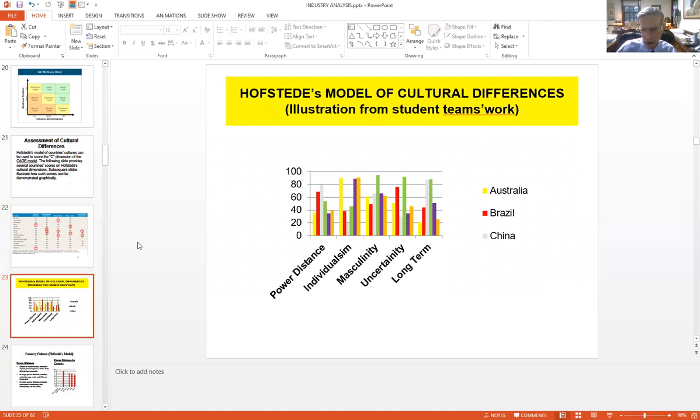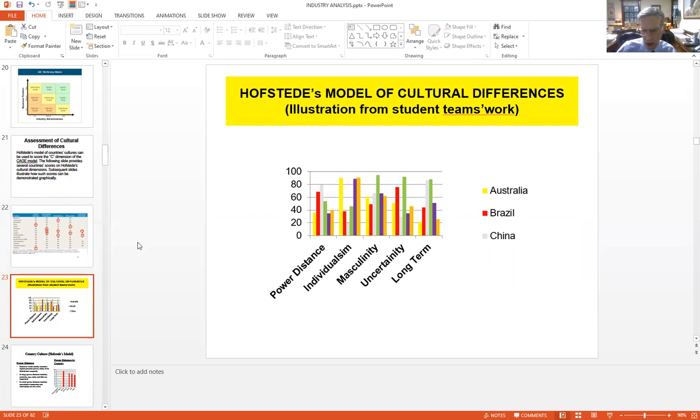So at this point, I'm just going to show you some slides that my students made of cultural differences to show you how you might do the same kind of work.